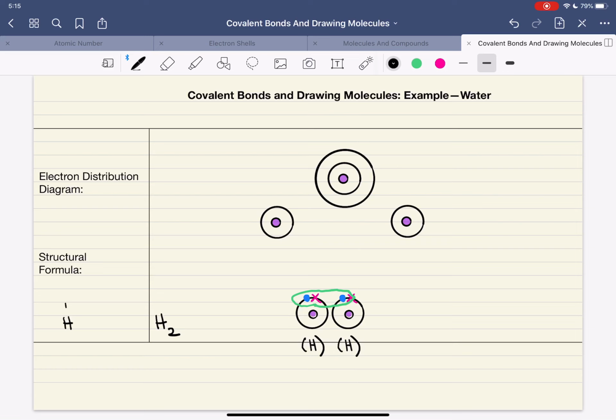Now, the simpler way to write this would be this. Just focus on the covalent bonds. In this case, there's only one bond, so we write it as a solid line. So this on the left, the electron distribution diagram, is equivalent to the structural formula, which I have on the right.